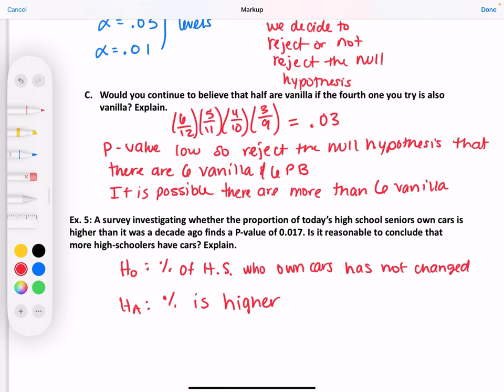So, based on this p-value, do you think we're going to reject or fail to reject? Is this low? So we're going to reject. So the p-value is low. So reject the null hypothesis.